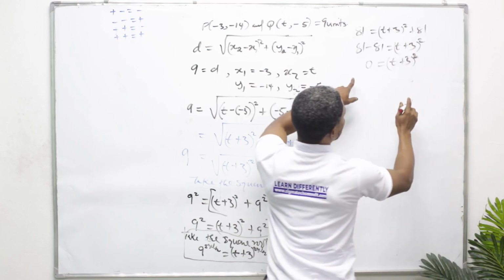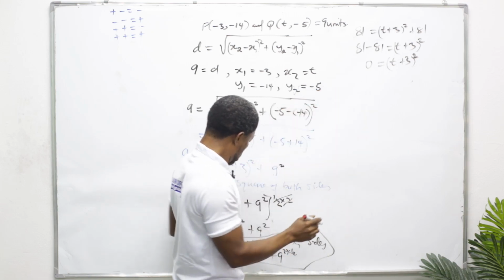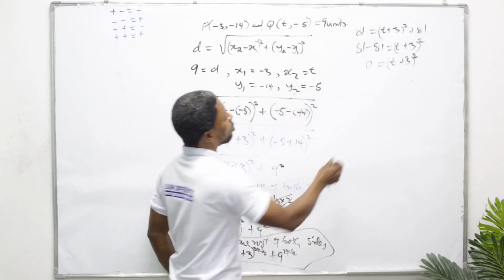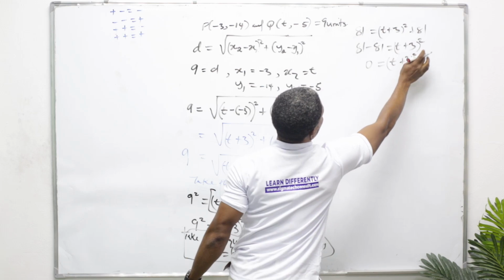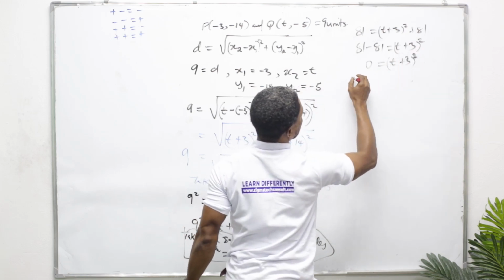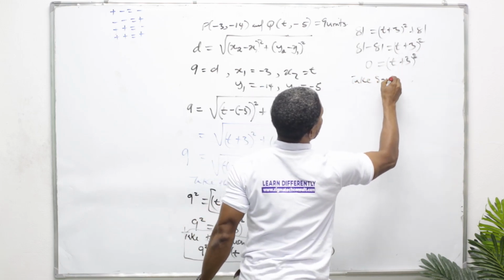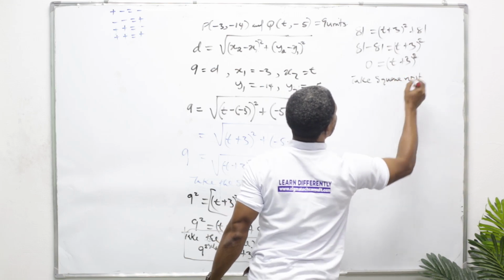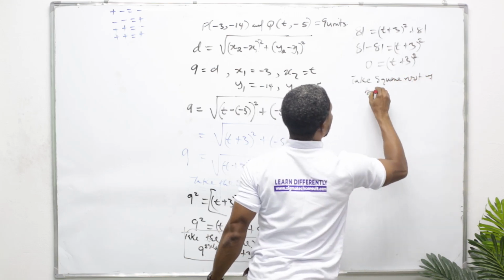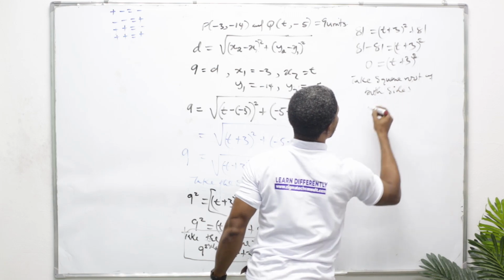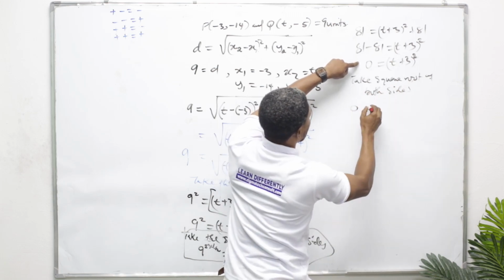So now at this point, you can say take the square root of both sides. That means to remove these two as power, I will take the square root of both sides. That means square root of 0 is 0.